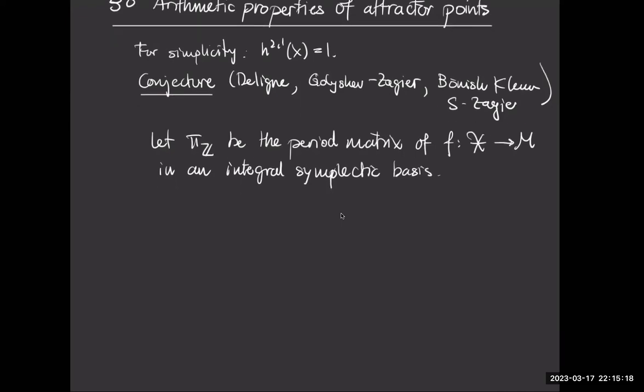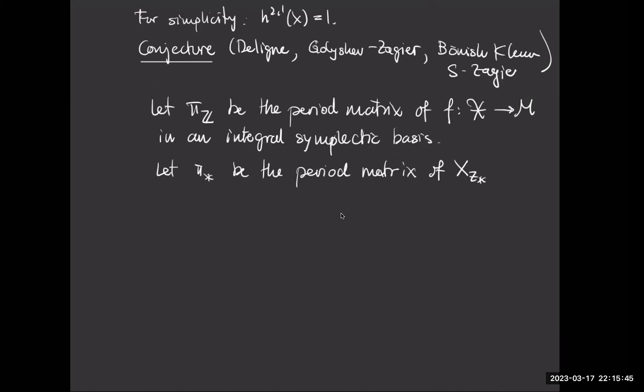Then let Pi star be the period matrix, or a period matrix, of the member X at attractor point c star. And then, since they're solutions to differential equations, we know that they're related by analytic continuation, and let's denote the continuation matrix by M.